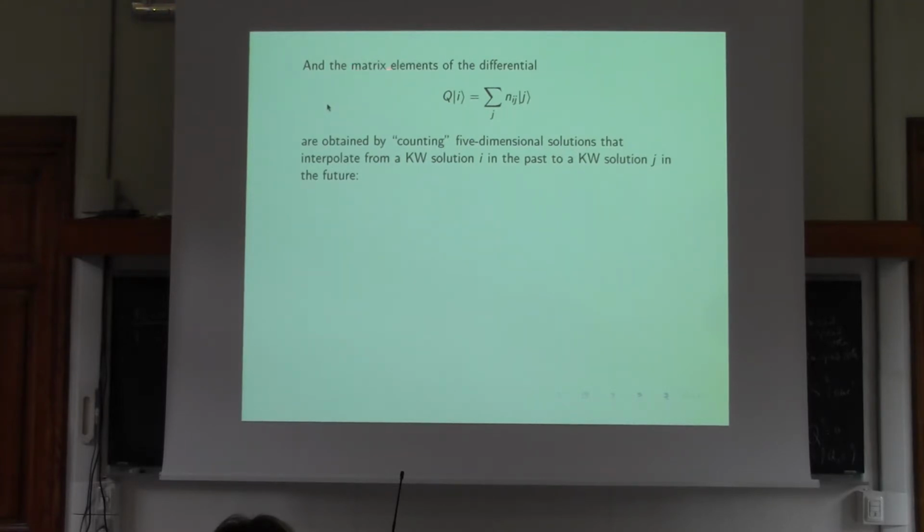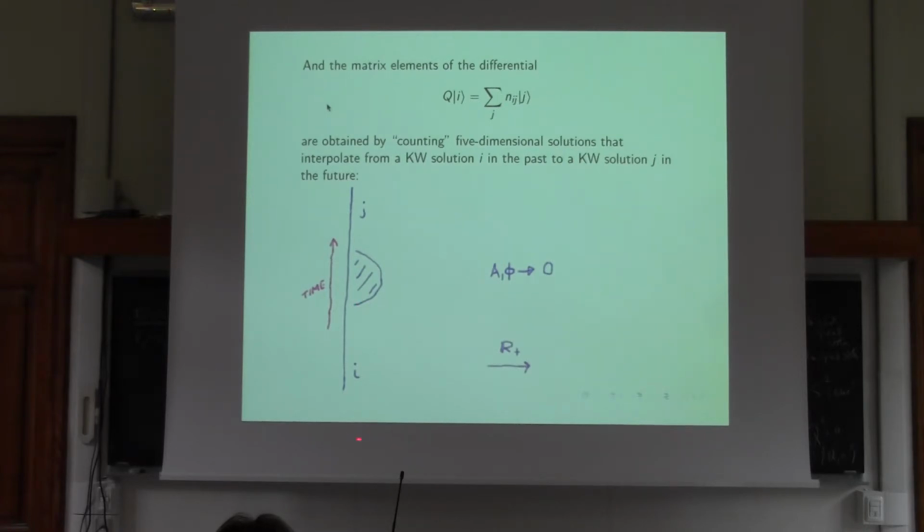So, as I said, the matrix elements of the differential are obtained by counting what in our case are 5-dimensional solutions that interpolate from a KLP solution I in the past to another one J in the future. So the picture looks a little bit like this. The time direction is vertical. The R plus direction is horizontal. We look for a solution where everything goes to 0 out here.